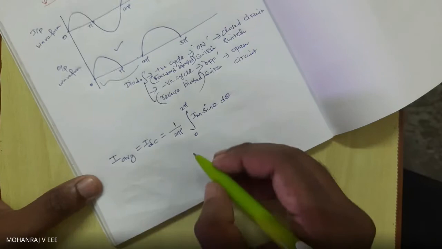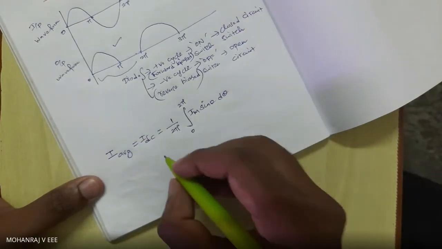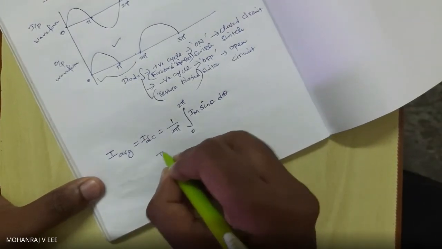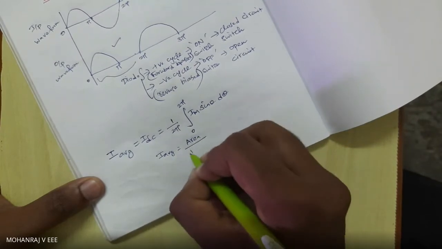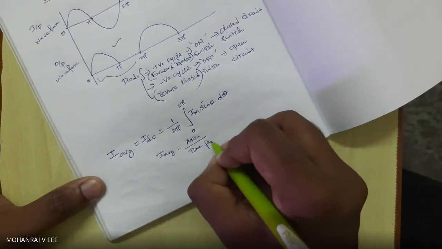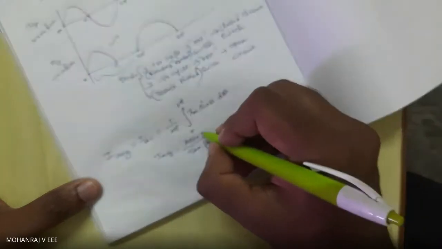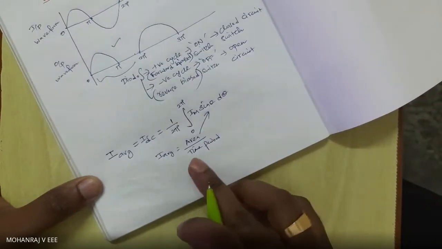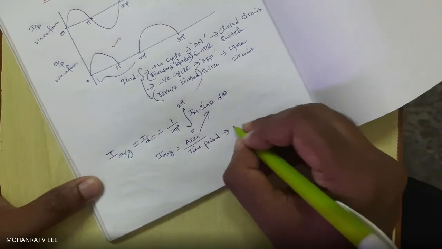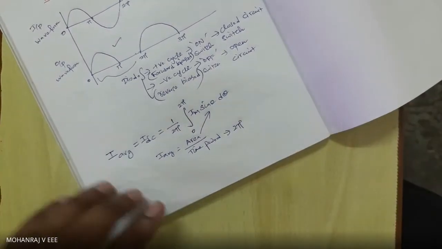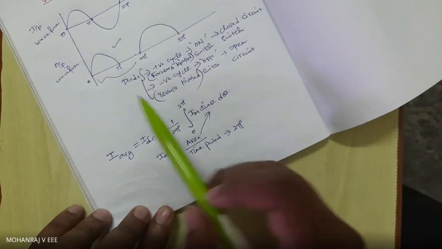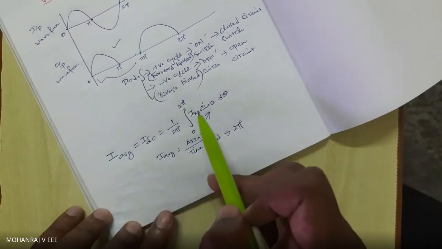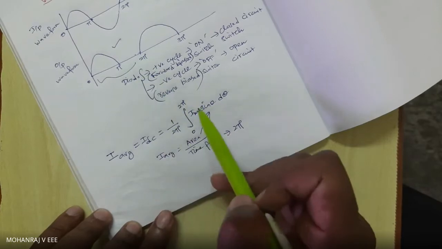So how to find the average of the output? We know I average is equal to area by time period. To find the area, we go for integration. The time period, we know, is 2 pi. But only for the positive cycle you have area. For the negative cycle, the area is 0.